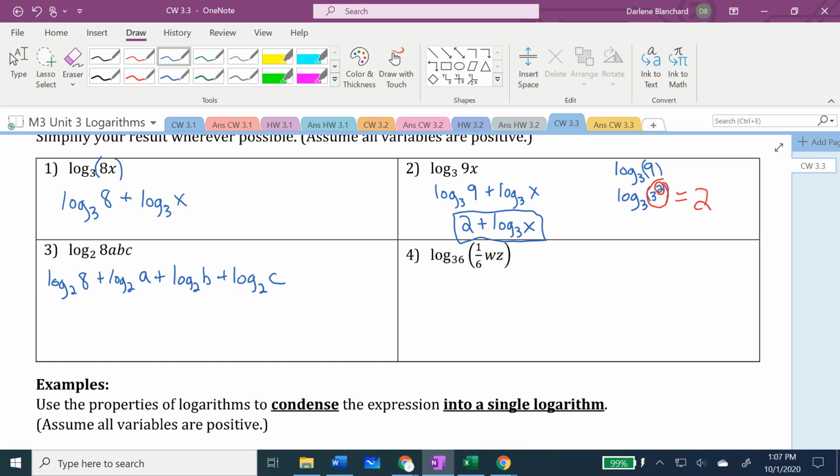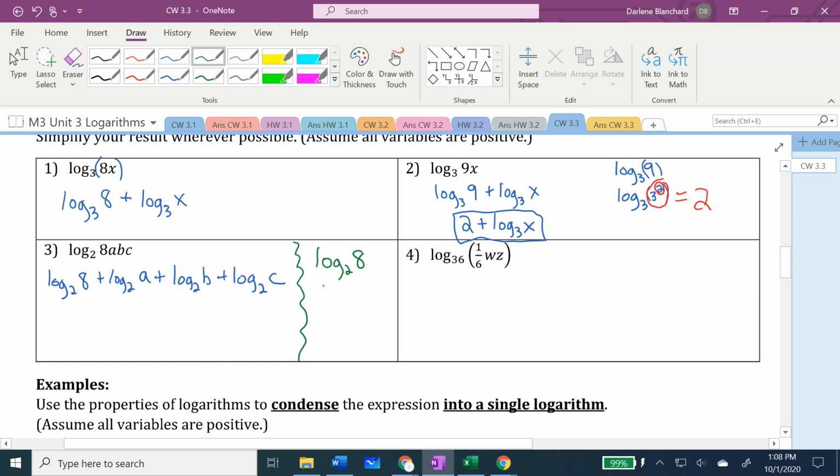Now, do you recognize log base 2 of 8? Yes, log base 2 of 8 is 3. So I'm going to write over to the side here just in case you don't see it.